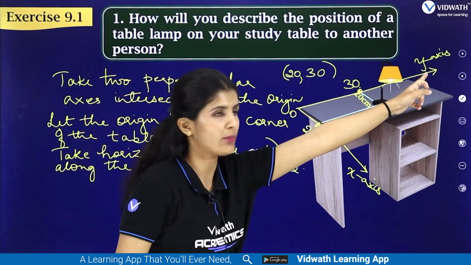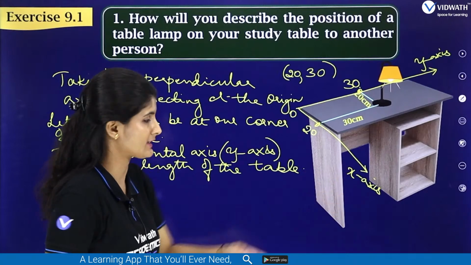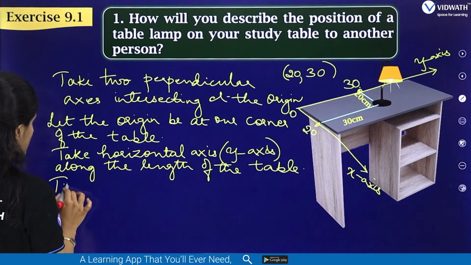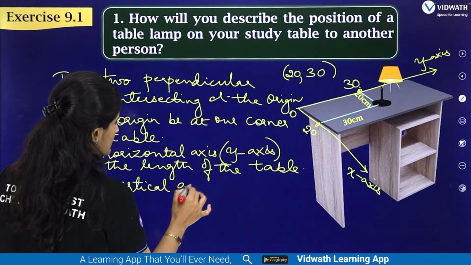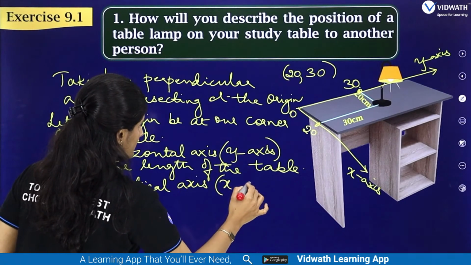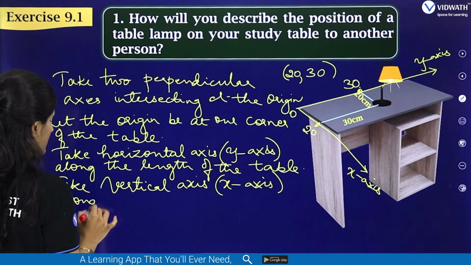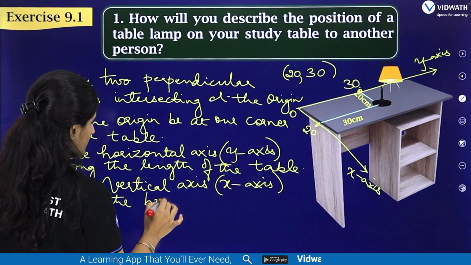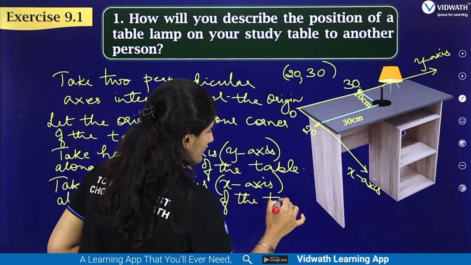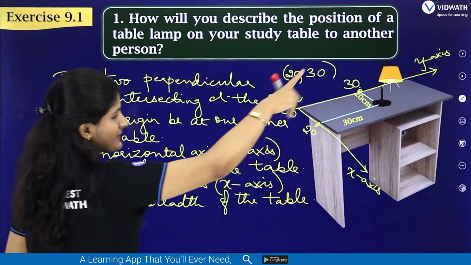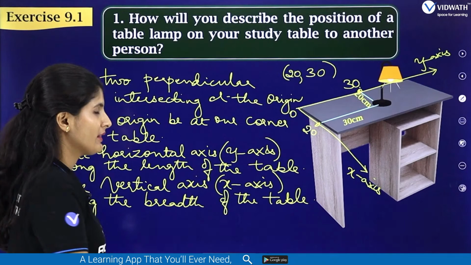So this is the length, y-axis, and the shorter side, this side is the breadth, x-axis. Also now we take the vertical axis, in this case the x-axis, along the breadth of the table. Now we have defined the 2 axes and the point of intersection of the axes, the origin.